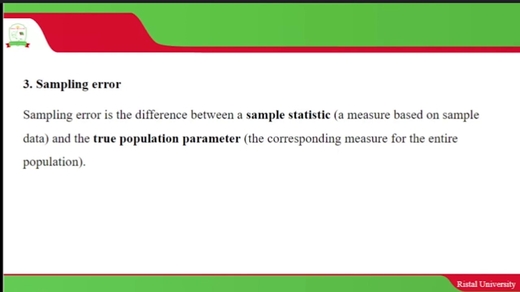So this sampling error occurs because we are working with a sample, which is only a subset of the entire population. And the sample may not perfectly represent the population. So this sampling error accounts for that imperfection of the sample to represent the entire population.